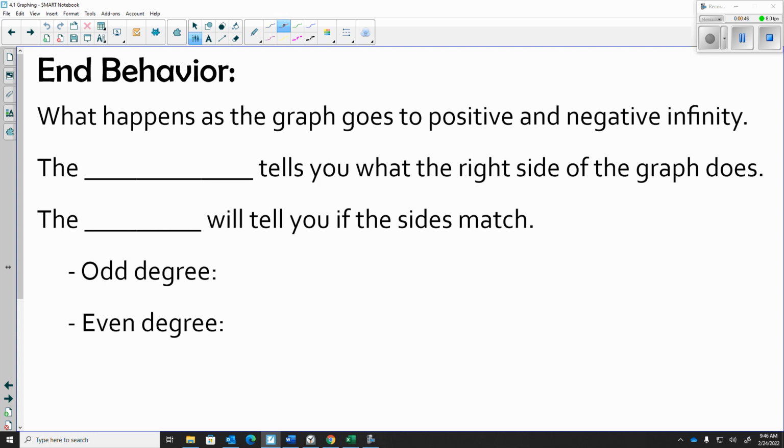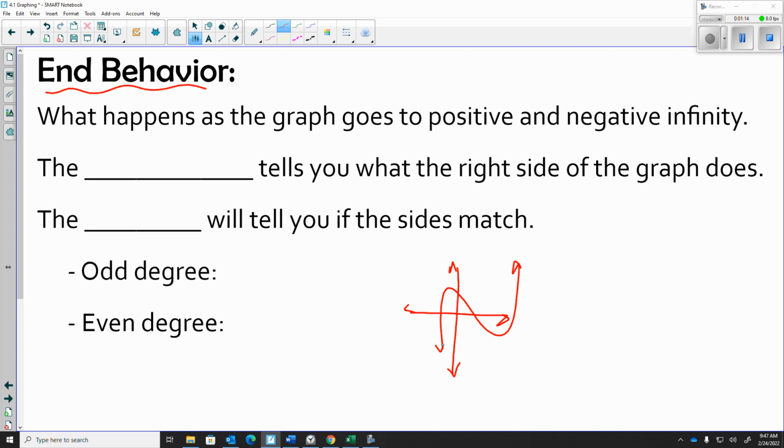so end behavior, what is it? It is what happens as a graph goes to positive and negative infinity. So pretend you have a graph. Let's say it's weird. Let's say it looks like this, something goofy. So the end behavior is asking, what is the graph doing as you move this way forever and ever?